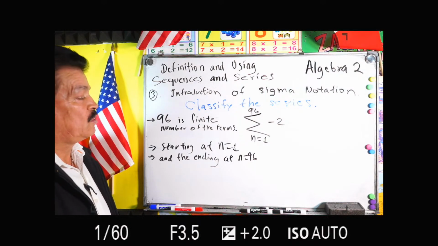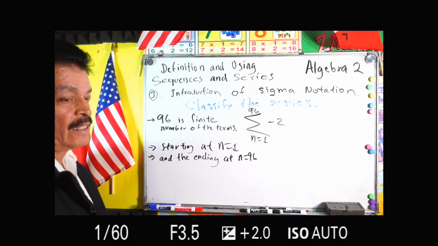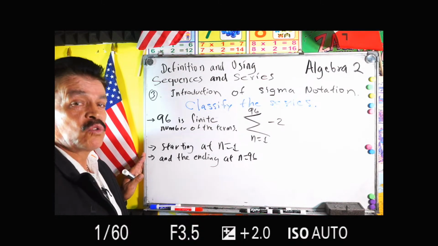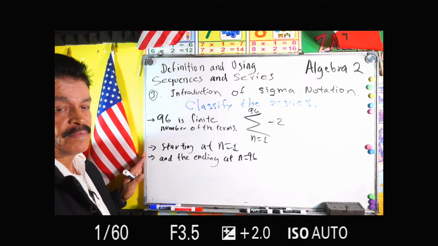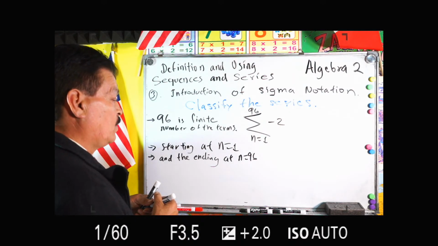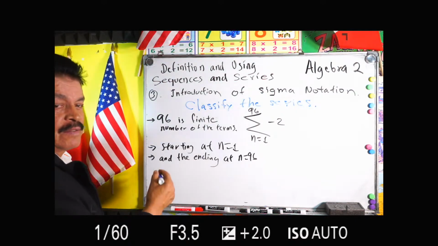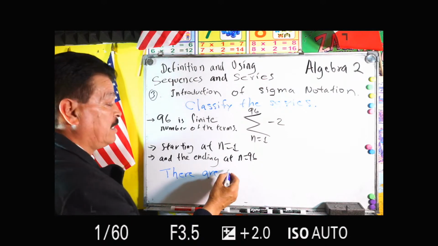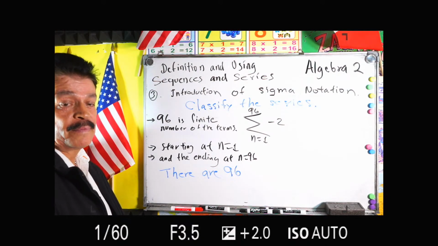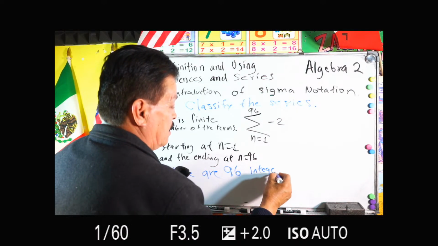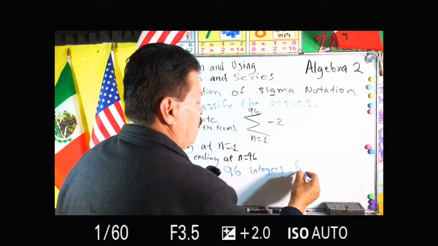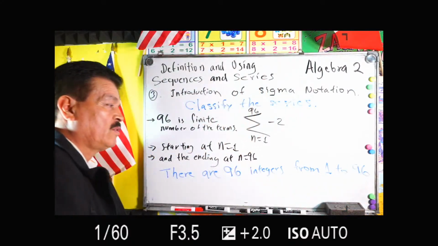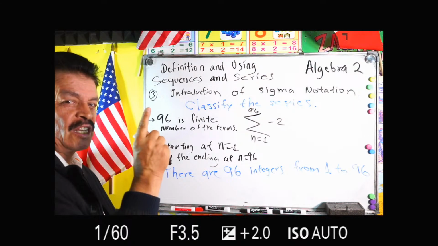It's done. So I just explained it. As a conclusion, in this problem there are 96 integers or terms from 1 to 96, right? 96 terms or integers, but an integer is its own single number, right?